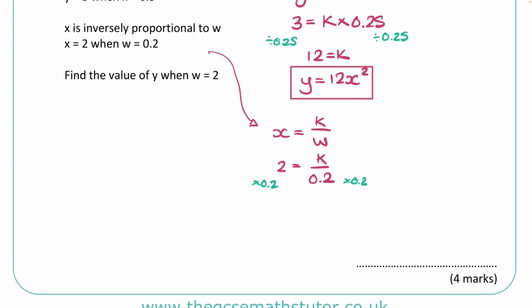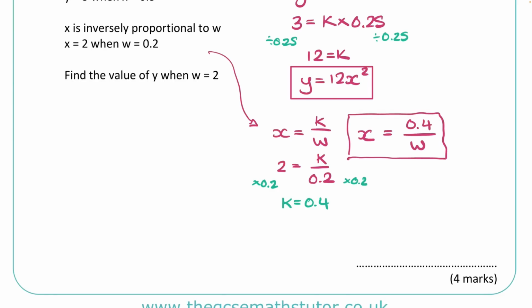So 2 times 0.2 is 0.4. So k equals 0.4. And I can now write my equation again. So I get w equals 0.4. Sorry, x equals 0.4, not w. There we go, over w. So x equals 0.4 over w. And there is my second equation.